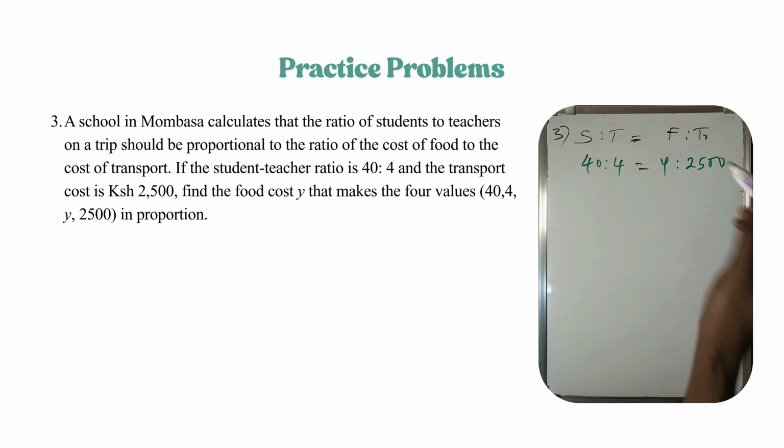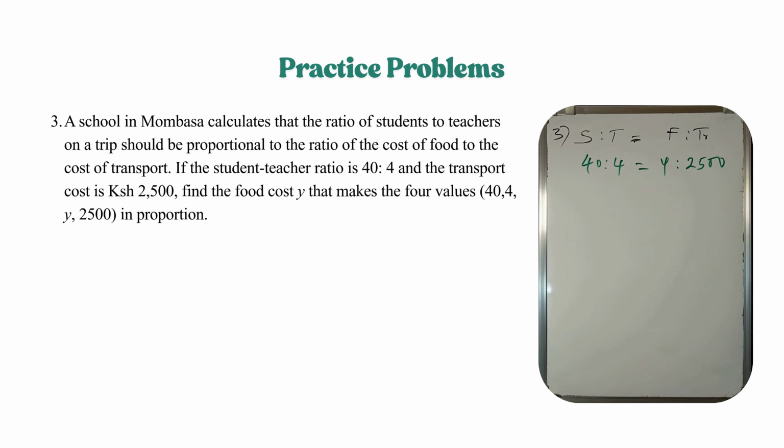That's the transport cost. Now, from here, it's so easy. If we start by dividing the first number in the ratio, we'll do the same on the other side. If we decide to start by the second number, we'll do the same on the other side.